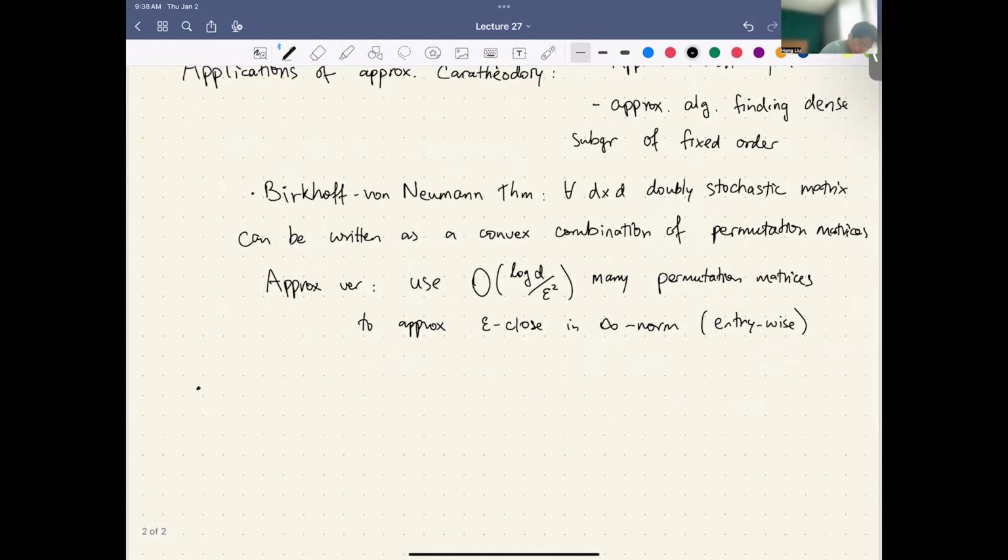All of these have some origin. One of the earliest applications is Maurey's lemma. This is the sampling and one of the first appearances in functional analysis.